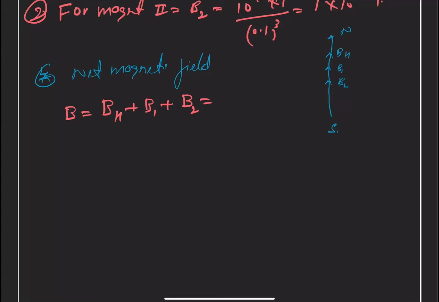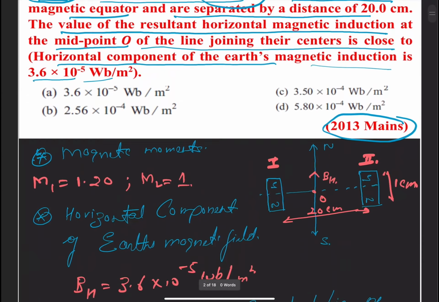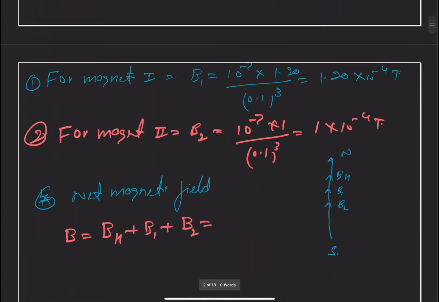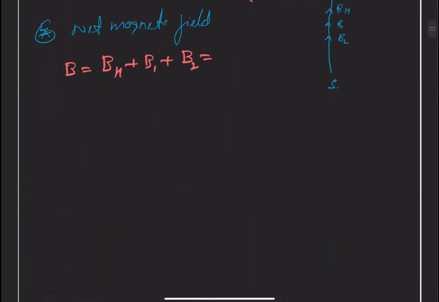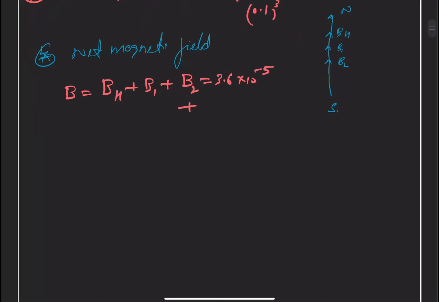BH is 3.6 into 10 to the power minus 5, and we have B1 plus B2 as 1.2 plus 1, which is 2.2, into 10 to the power minus 4.